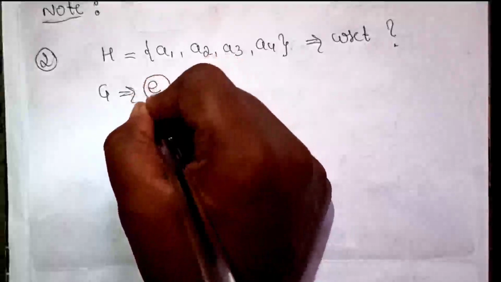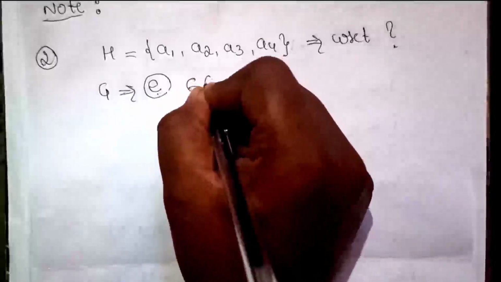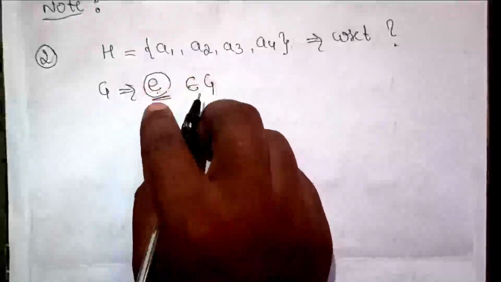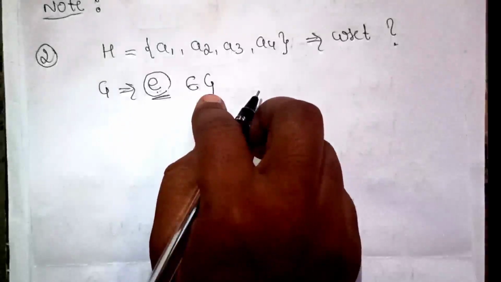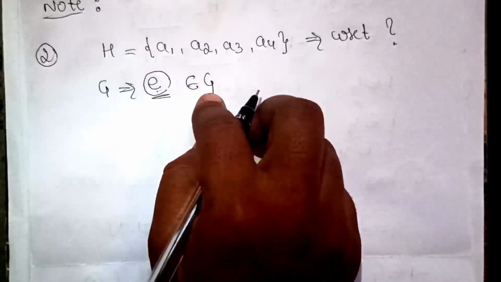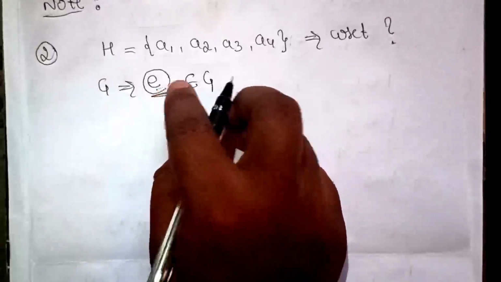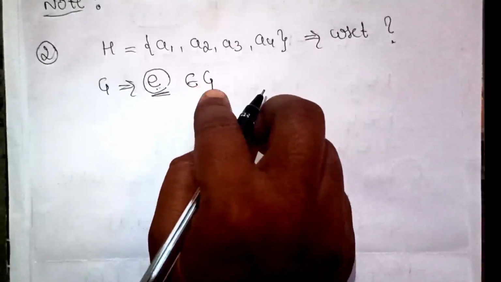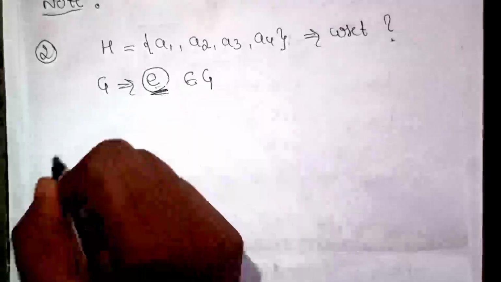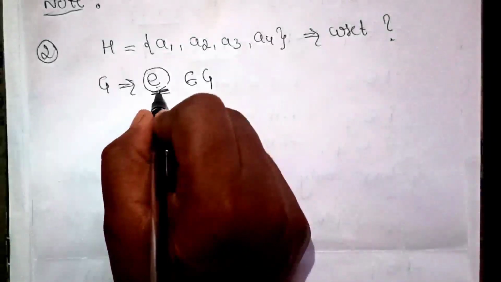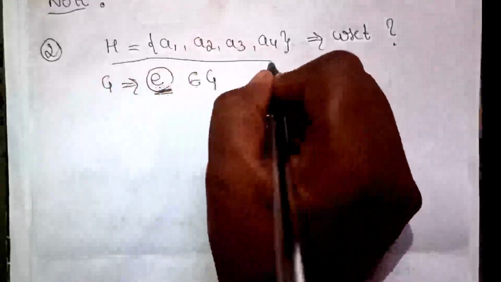Now I will choose E belonging to G. E means the identity element. From the definition we can choose any element of G. Here in this case I am choosing E as an element of G. Now I will operate this E with all the elements of H.